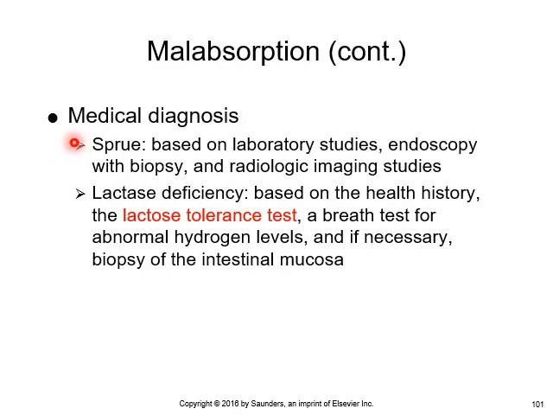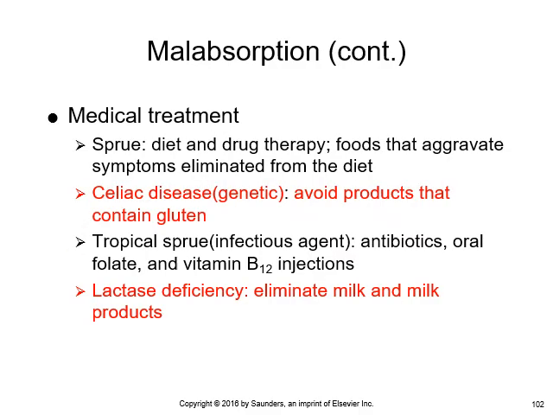For sprue, diagnosis is based on laboratory studies and endoscopy with biopsy and imaging. For lactase deficiency, we would do a lactose tolerance test, and then we can do a blood test for abnormal hydrogen levels, or if necessary, biopsy of the intestinal mucosa.